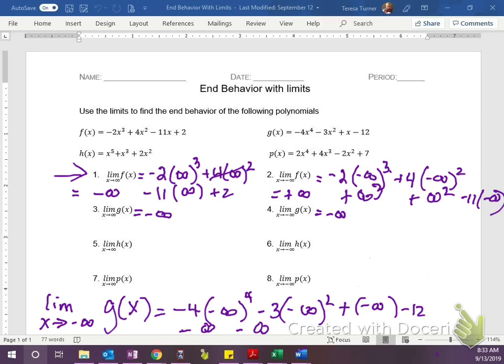That's right. You plug in negative infinity instead of the x for number 6. 6 is negative infinity and 5 is positive infinity. Yes, that's right.